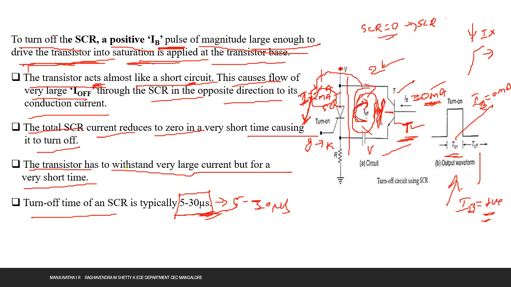Because of that, the transistor is driven large enough into a short circuit, and it provides current in the opposite direction to the previous current across the SCR, with almost the same magnitude. That is very important to understand.